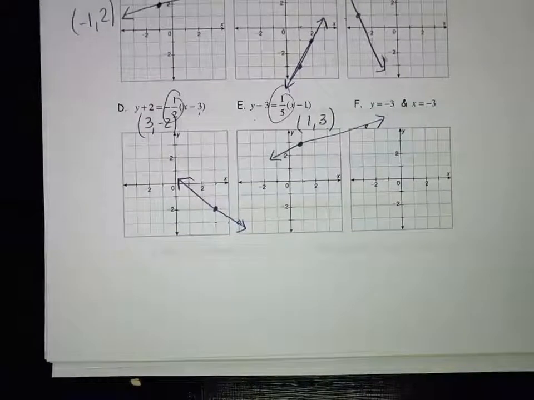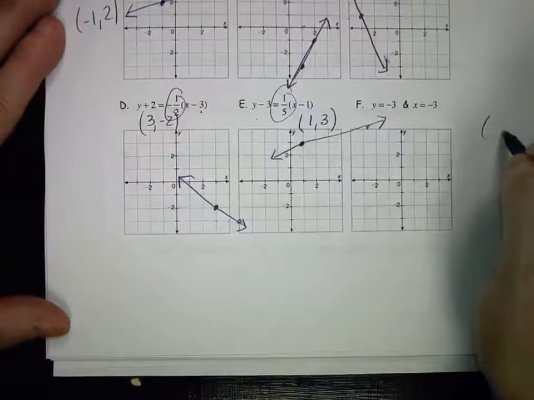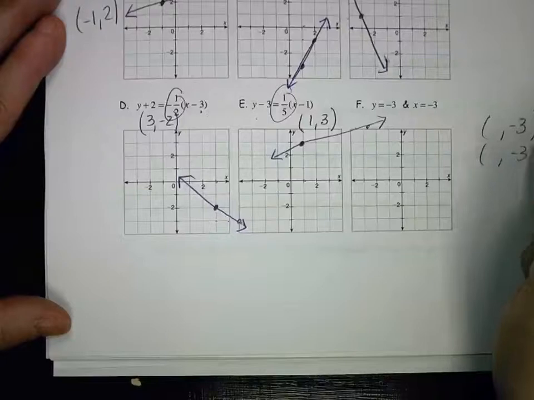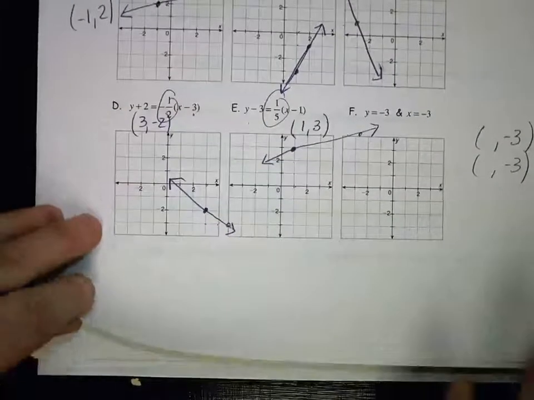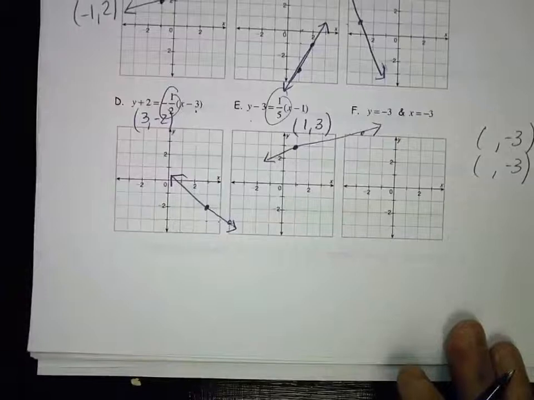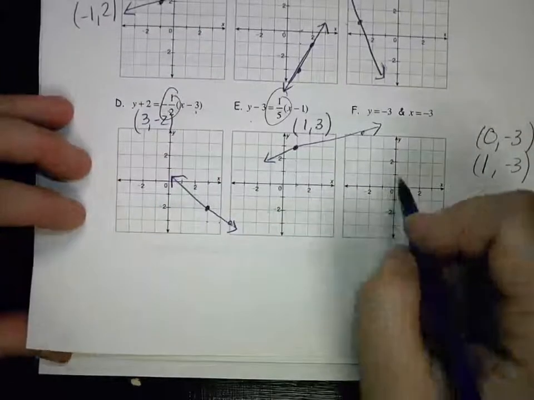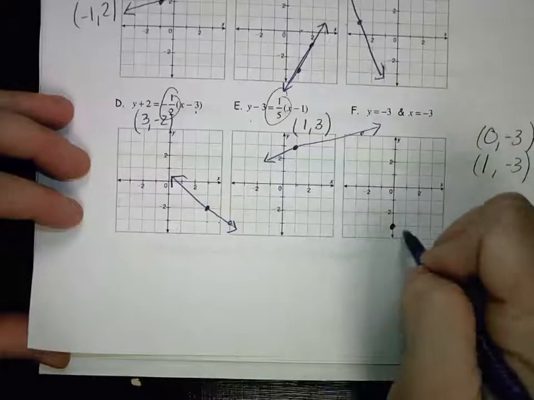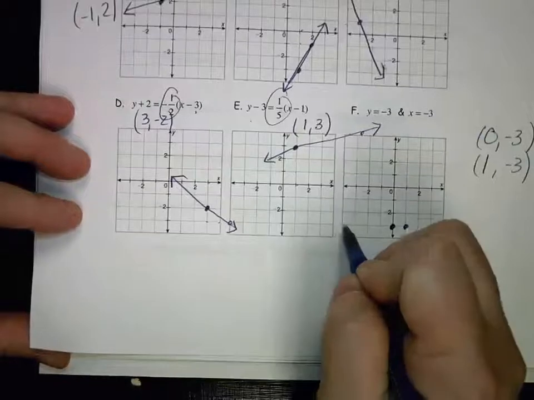Now letter F, the first one here says y equals negative 3. So what I'm going to do is I'm going to list 2 points where the second coordinate, or the y, is negative 3. And let's make that 0 and 1. So 0, negative 3, and 1, negative 3.